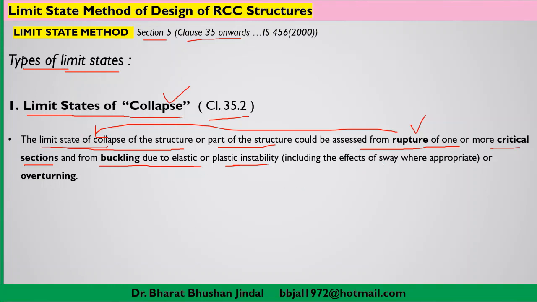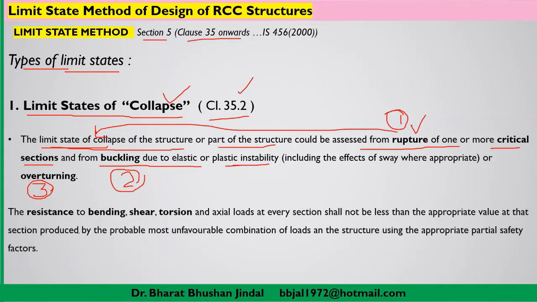So here we have discussed number one, there may be any type of rupture, second, any type of buckling, and third, any type of overturning. So this is limit state of collapse. It comes under clause number 35.2.